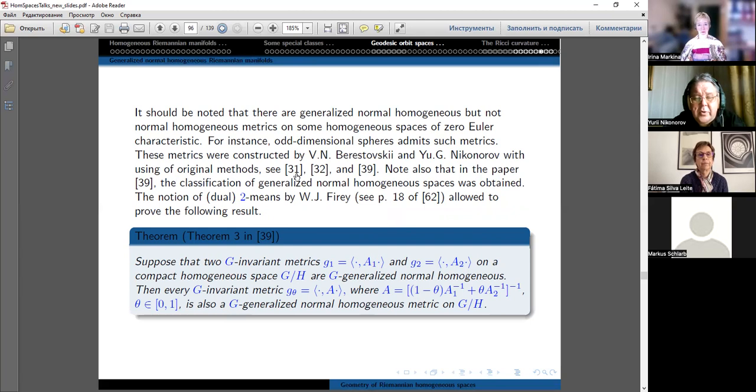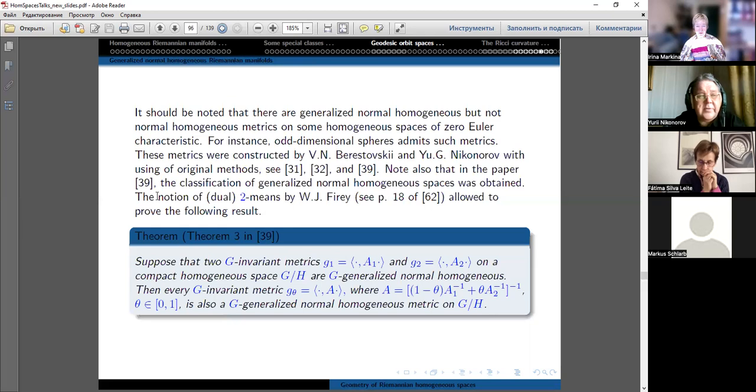But I also should explain that there are some techniques, some tools, which were obtained in our papers with Professor Berestovskii. We found methods to generate new generalized normal homogeneous metrics from two given metrics, for example.